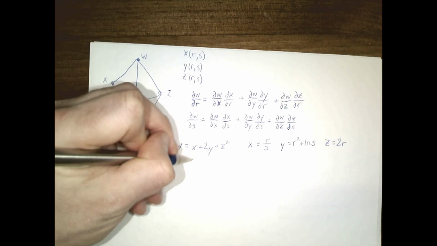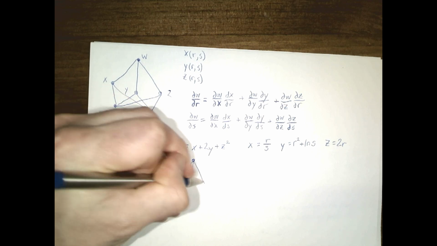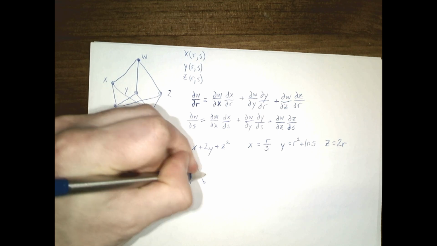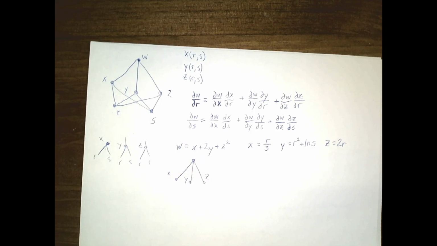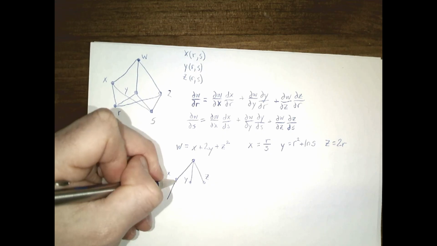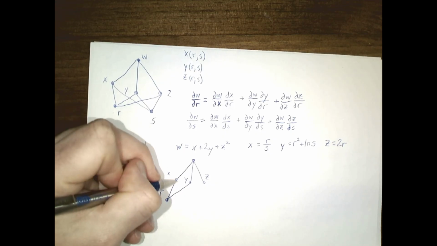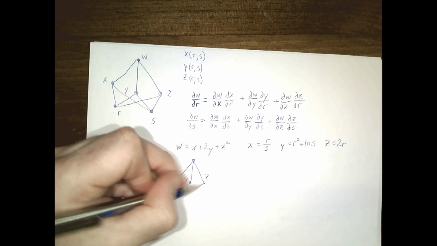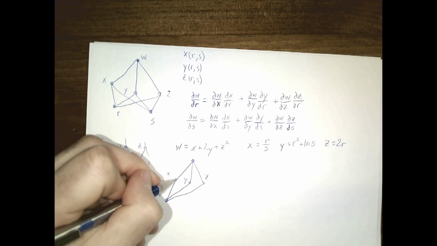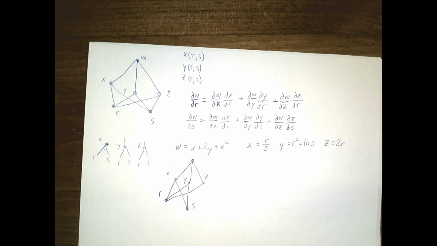So if we were to build this diagram, w does connect x, y, and z. Both x and y go to r, and then z also goes to r, but only x and y go to this other variable, s.